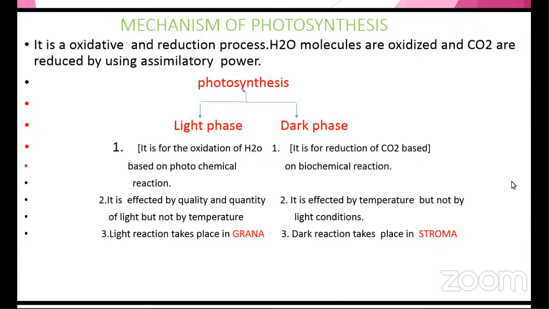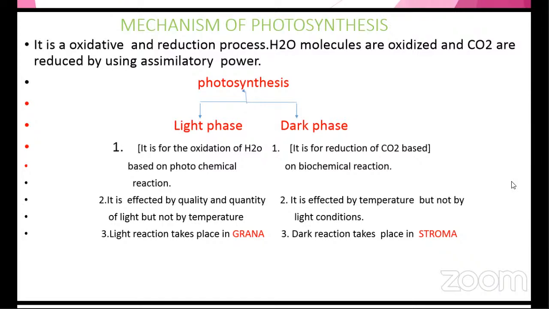And this light reaction is influenced by light only, but not by temperature. This light phase is purely an oxidative process. During this oxidation, H2O is oxidized based on a photochemical reaction. The second phase is the dark phase, which takes place in the stroma part of the chloroplast.